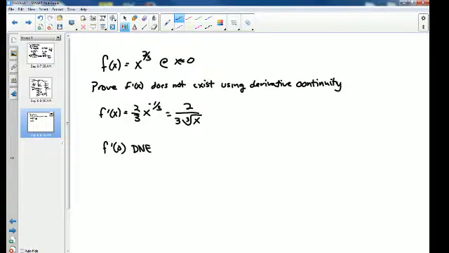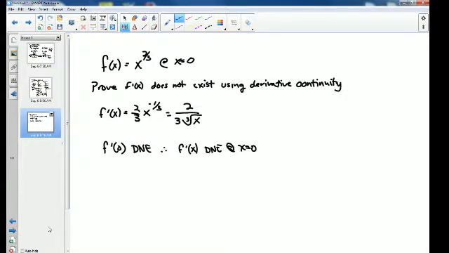F prime of 0 doesn't exist. Therefore, f prime of x does not exist at x equals 0. Well, that's easy, right? Okay, so that's all you need on this one. Donezo.